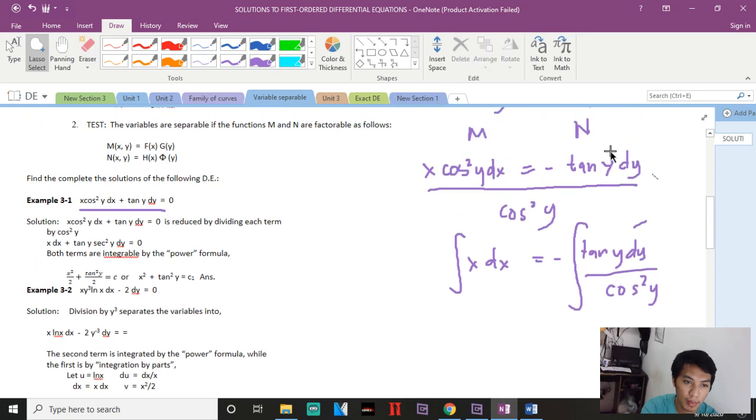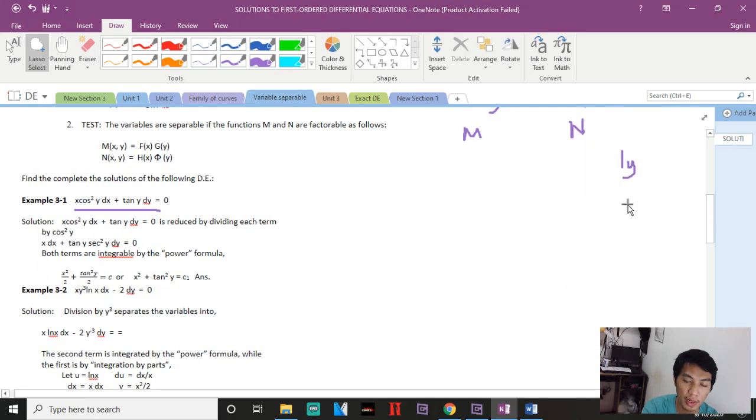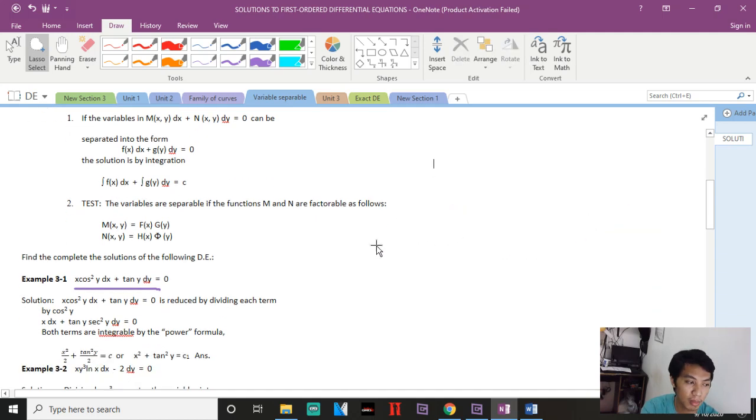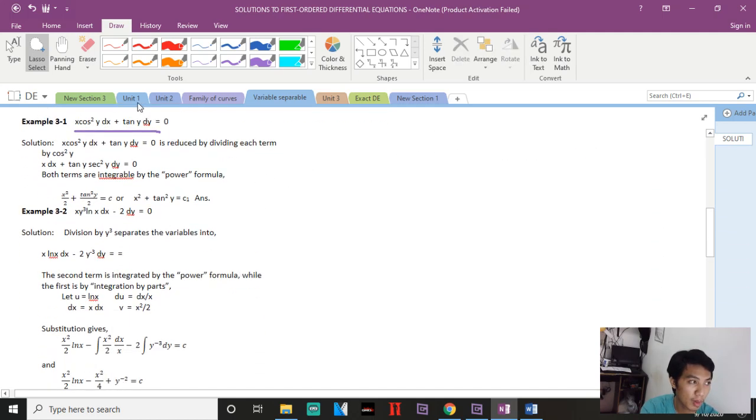Pardon me if I cannot speak this clearly. Number 2, solution number 2. So you are given this equation: x y cubed ln of x dx minus 2 dy equal to 0.